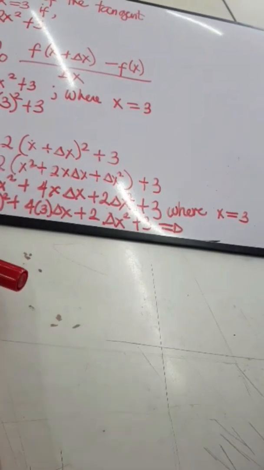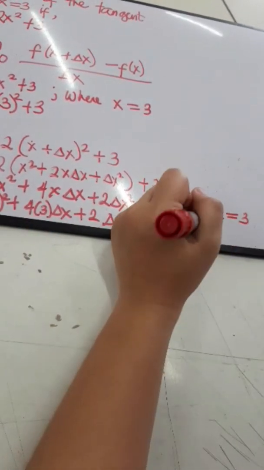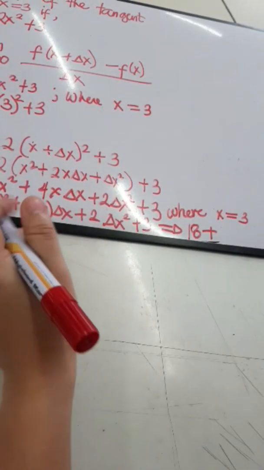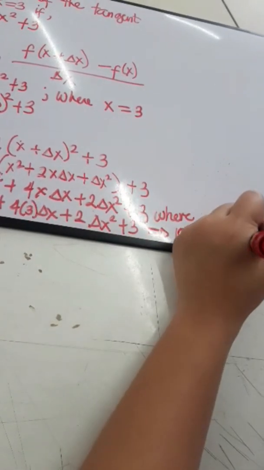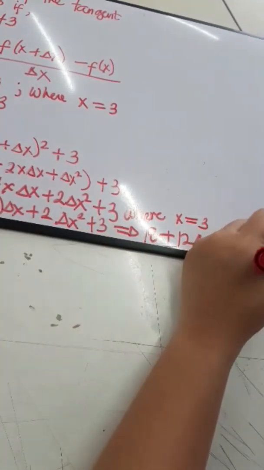3 squared is 9, times 2 is 18. So 18 plus 4 times 3 is 12 delta x, plus 2 delta x squared plus 3.